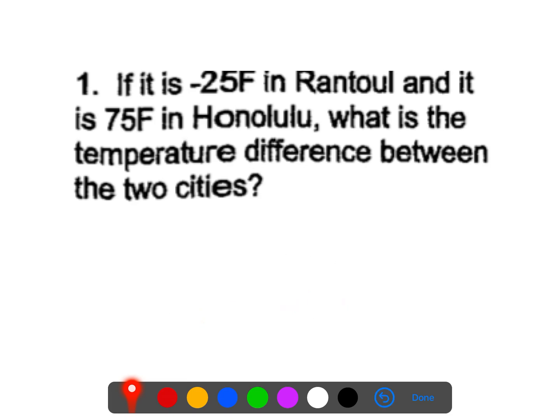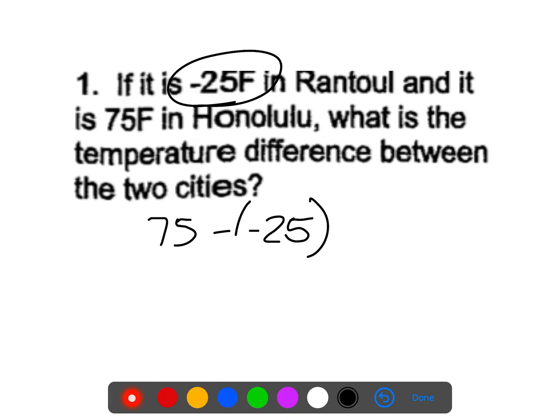If we're finding the difference, we'd want to start with 75 degrees here. And we would subtract the lower temperature here, which is negative 25. That would be a much better way to solve it, because if we solved it the other way, we would have gotten a negative answer, which we can look at and see that it's actually a positive difference, but this is just a better way to write that.